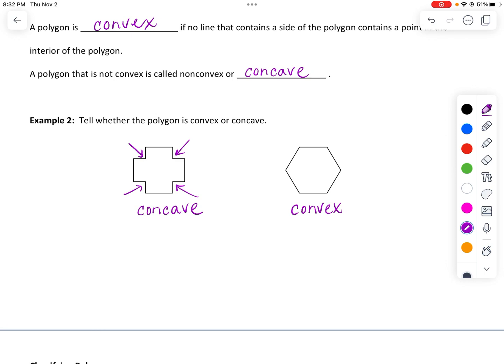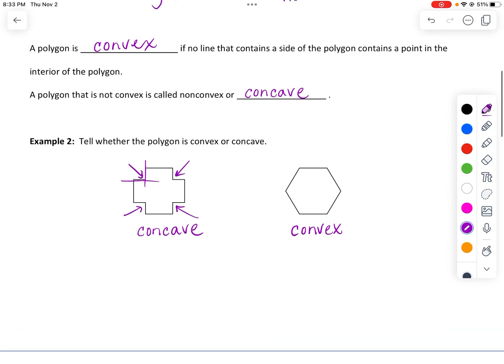If you can tell by the way it looks, fine. Otherwise, use the line test where you extend some of the sides and see if you could ever end up inside. So those are your 2 ways, either the line test or just look for a place where the shape goes in on itself. I kind of think of that like a cave has an entrance. Where I have those 4 arrows, you can think of that as an entrance into the cave. And that will help you remember the word concave.